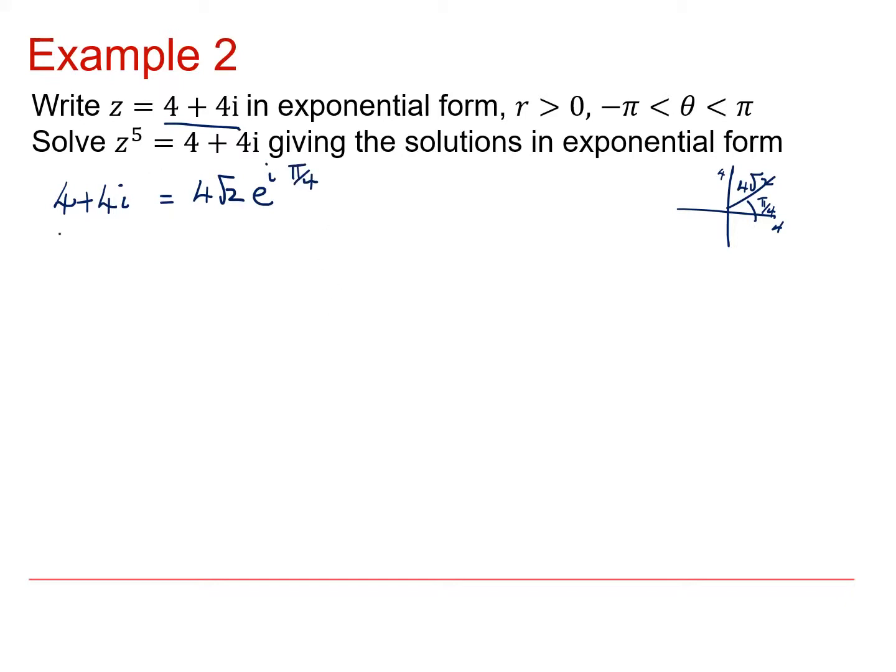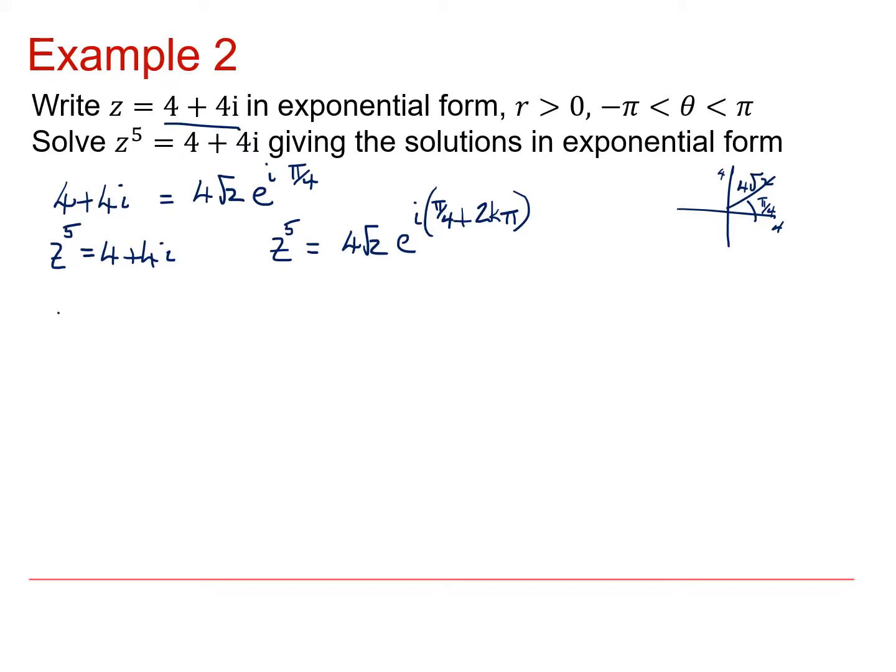And so if I try to solve z to the 5 is equal to 4 plus 4i, the best way of tackling that is to write z to the 5 is equal to 4 root 2 e to the i pi by 4. But remember, I can add multiples of 2 pi to the argument.